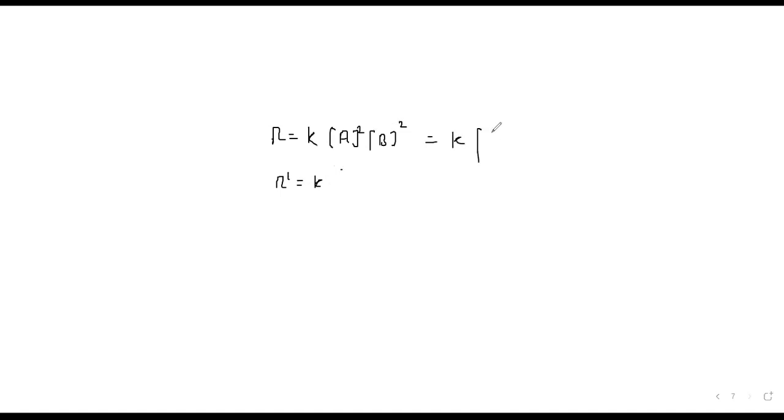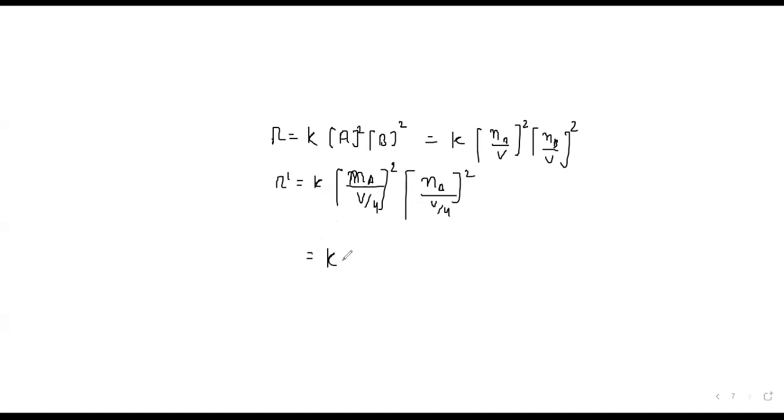It means moles of A divided by volume, whole squared, into moles of B divided by volume, squared. For R dash, if the volume is 1/4, the moles are the same and the volume is 1/4. So this becomes k into 4 times nA divided by V, whole squared, into 4 times nB divided by V.